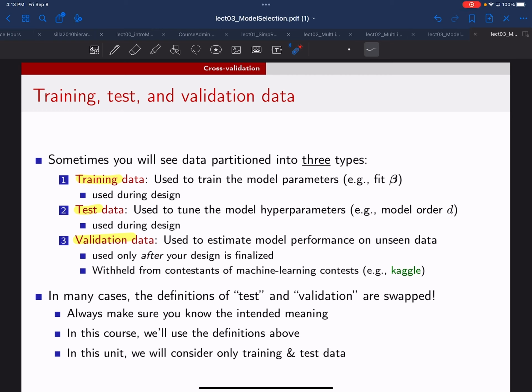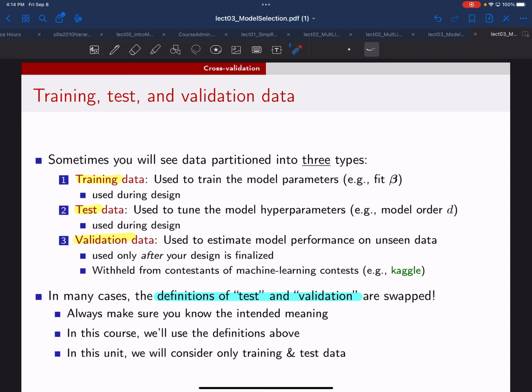And then the final comment regarding this is that the names test and validation are not consistently used in the literature. So sometimes when people talk about test, they're using it to refer to the stuff you use to tune your model hyperparameters, and validation, the final holdout that you use for performance.